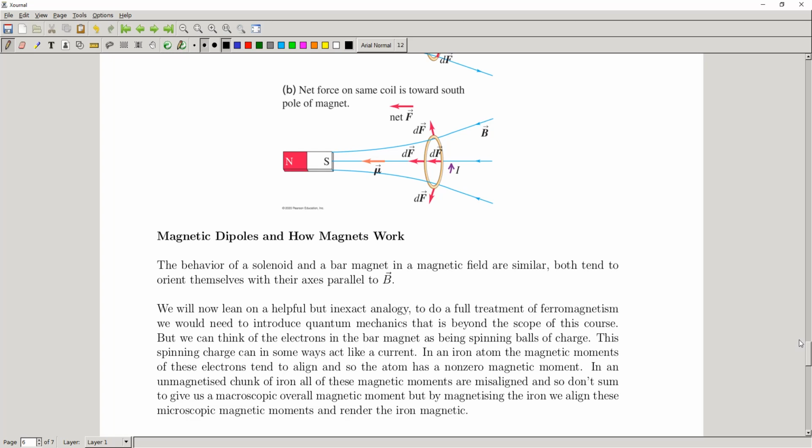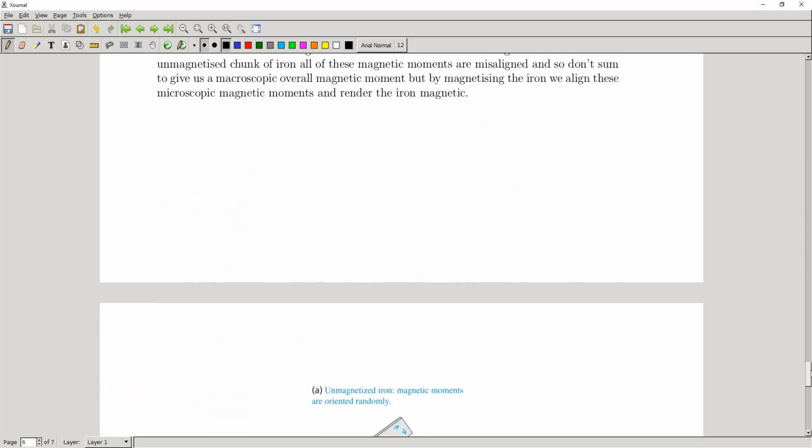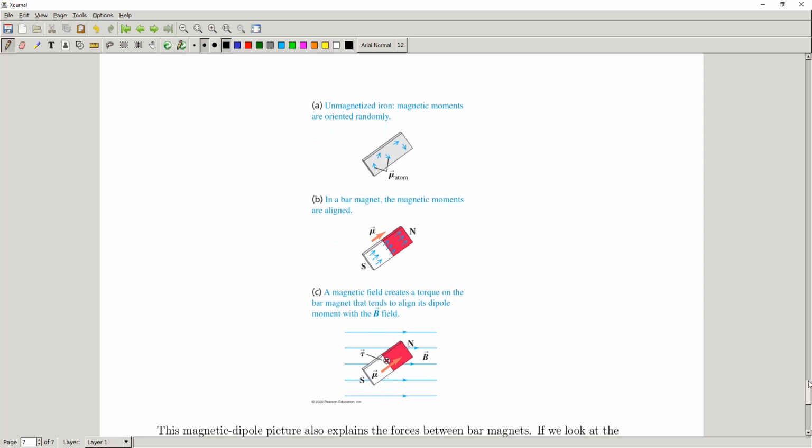But it's not a magnet yet, right? Let's say you have them all pointing in random directions, and I'm going to use this image below to help out. You start off with a chunk of iron, and you can imagine that each of these arrows is meant to represent the magnetic moment of a single iron atom, right? They'd obviously be much smaller than this, but they'd be pointing all over the place originally.